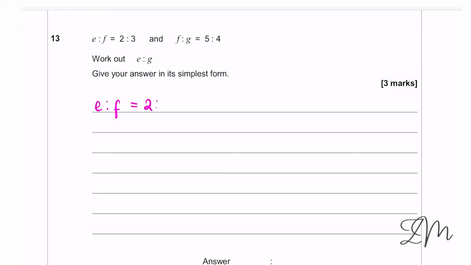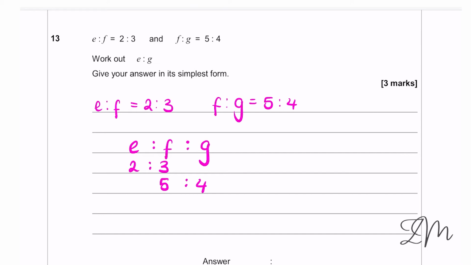E to F is 2 to 3. Now remember, this is the same, and F to G equals 5 to 4. So what you're going to do is you're going to line them up. So we want E to F to G. So we know E to F, we've got 2 to 3 here. F to G is 5 to 4. So we're going to see what's in the same line. So we can see the F is in the same line. So we're going to do 3 times 5, which is going to give us 15.